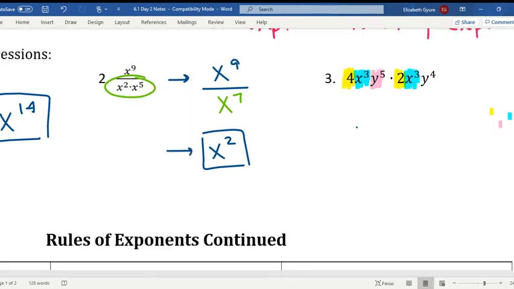And y's go with y's. So keep your like terms together there. So first, we're just going to go through and pair things together that are the same. So I see a 4 and a 2. Alex, what's 4 times 2?